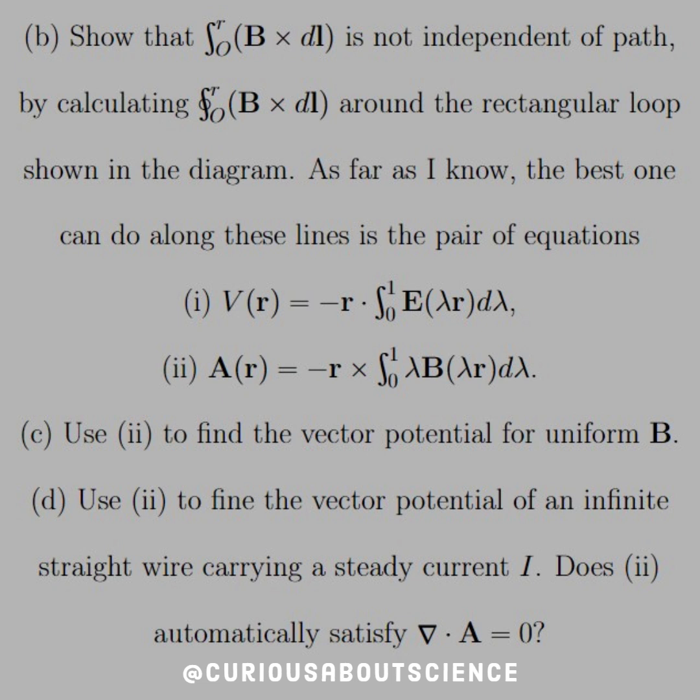So some kind of parameterization of it. And then C, use equation 2 to find the vector potential for a uniform magnetic field, and D, use equation 2 to find the vector potential of an infinite solenoid or an infinite straight wire carrying a steady current I. Does equation 2 automatically satisfy the divergence of A equals 0?